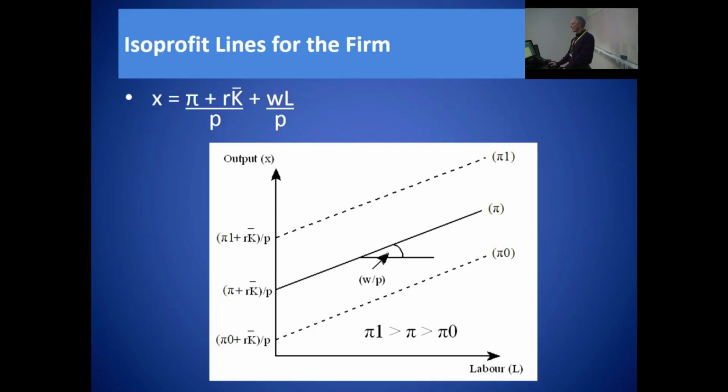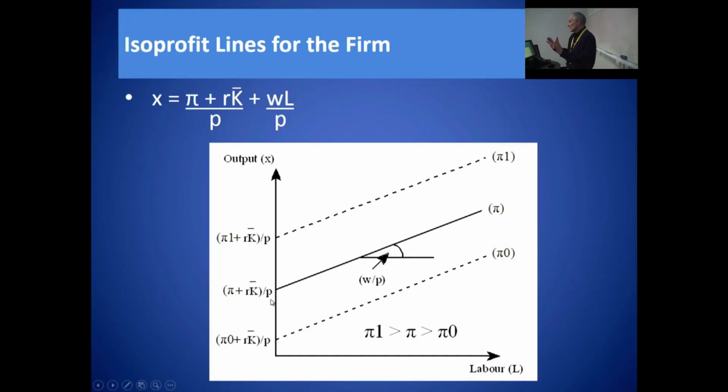What then about these other lines in the diagram? Well, again, I want you to go back and think about the intercept here. The intercept is profits plus fixed costs divided by P, the unit price of output. Well, we're talking about the price-taking firm. There's nothing that the firm does that affects fixed costs, nor the output price.